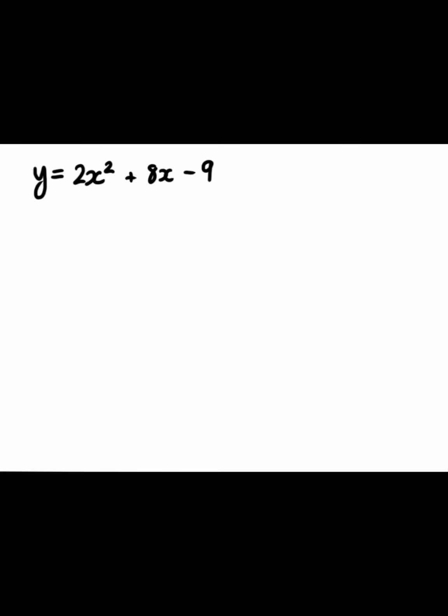Hopefully you guys have figured out that in order to find the coordinates of the turning point, we're going to need to first differentiate. So we first differentiate, and hopefully you should know that that differentiated is 4x plus 8. If you're not sure how I got that, make sure you watch the previous video. Okay, cool. So remember, we're trying to find the coordinates of the turning point.